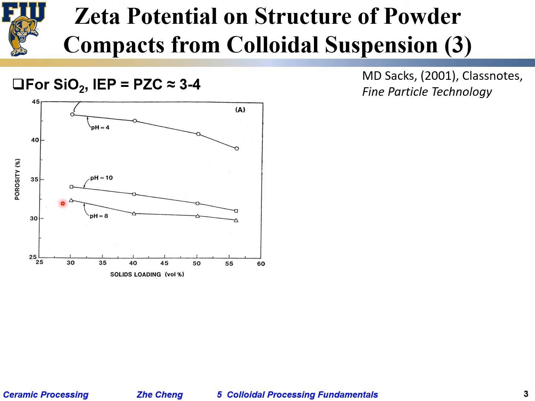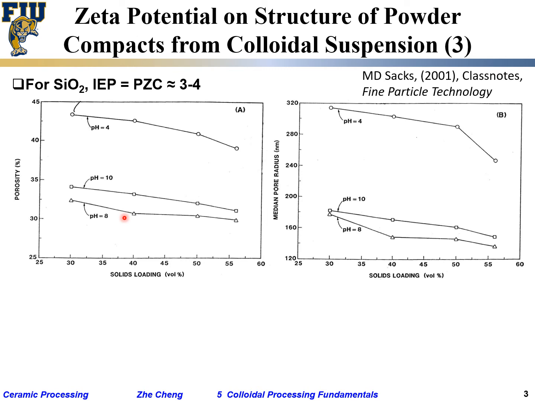I'm plotting porosity versus solid loading, and I'm plotting it for 3 different pH. I have suspension, I make them a certain solid loading, and then I adjust the pH. What do we see? In the other plot, we're also showing pore radius. And what do we see?